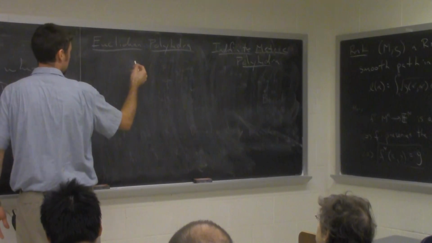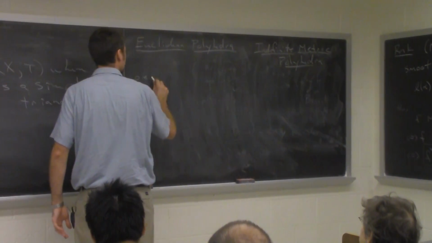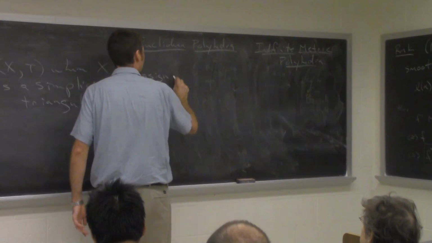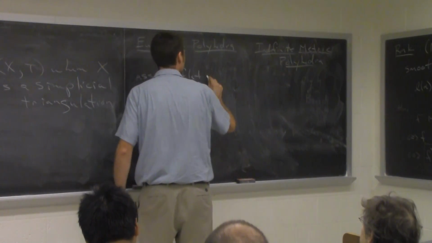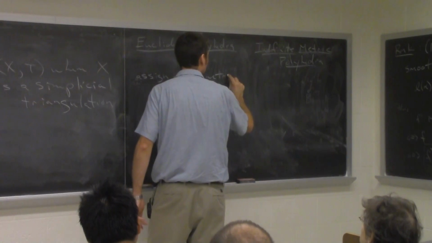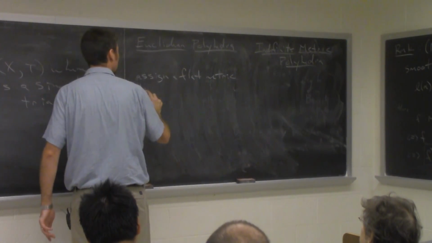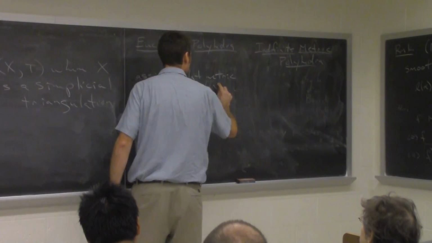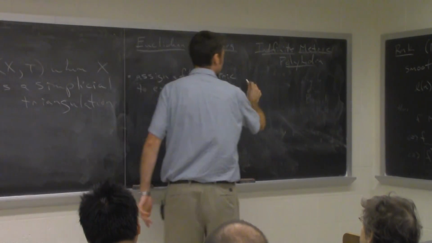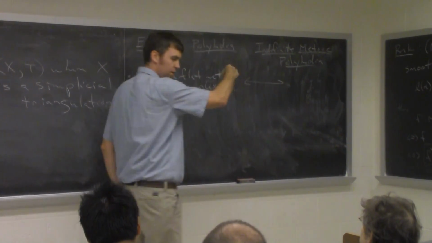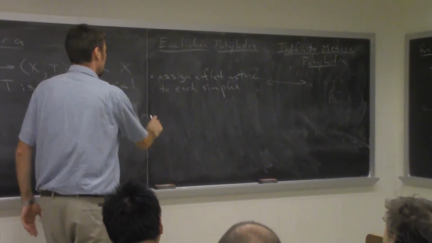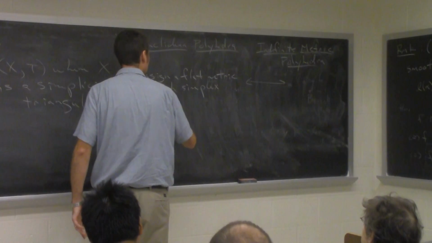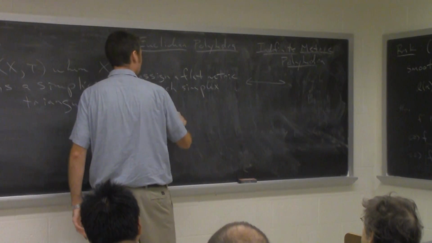You want a piecewise flat metric, or quadratic form, assigned to each simplex. You're going to do the same thing here, a metric, a quadratic form. And then you want to glue simplices together by isometries.